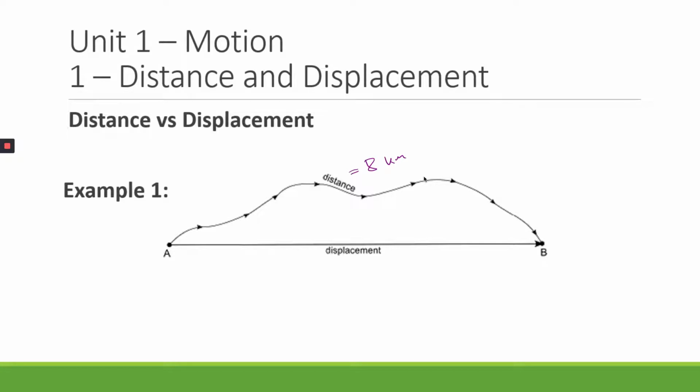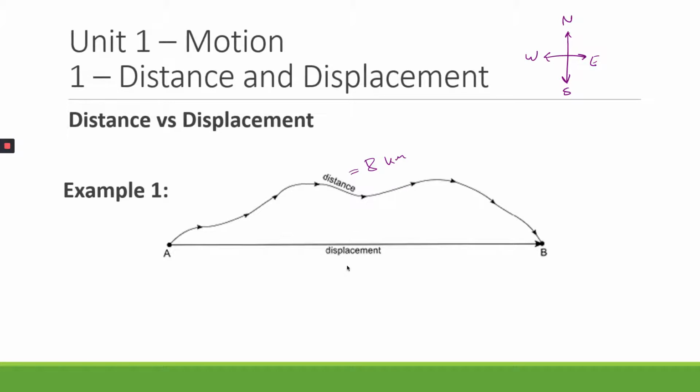Again, you could not give a direction to it, even if we gave a little compass up here. North, south, east, west. What direction would that person be traveling on this path? The answer is all different kinds of directions. So we can't give a direction to that. So we'll just say the distance is 8 kilometers.